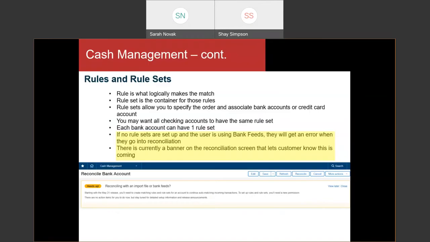If you have reconciliation set up for your credit cards, if you're doing the credit card feed, same as you have your banking feeds, you have to set up those matching attributes as well. And or if you are importing your credit card transactions. So same functionality. If you're importing transactions or if you have that credit card feed, you do have to set up those matching attributes, i.e. those rule sets.